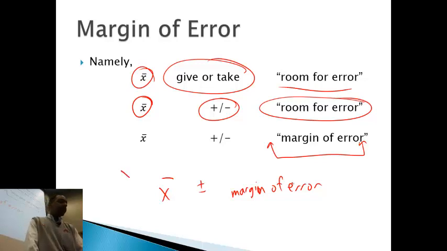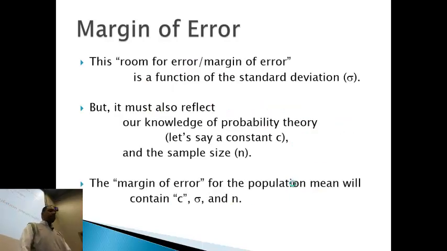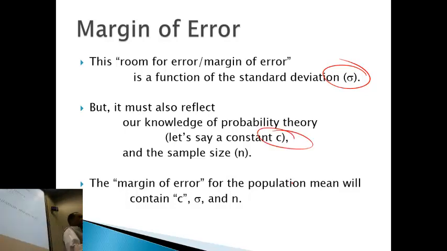So that's a key component. And this will be a key helper to you this chapter as well. Actually going forward, this guy right here. So what do you need for this margin of error? You need the standard deviation, ladies and gentlemen. You probably need some kind of constant C based upon some z-score, probably.